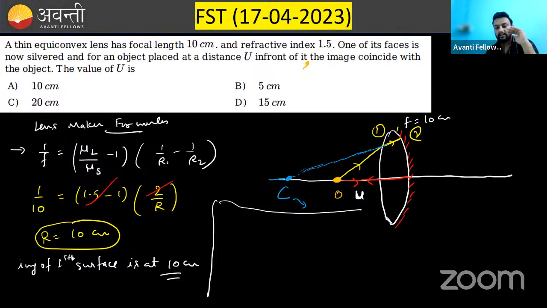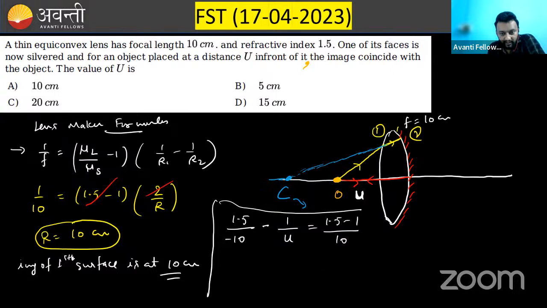I am not going to write the formula. I hope you remember. Refraction medium over image distance minus incidence medium over object distance equals refraction medium minus incidence medium divided by R. I'm writing it. Refraction medium is 1.5 divided by image distance, which is minus 10, for first surface. Minus incidence medium, air, 1 over object distance u, equals 1.5 minus 1 divided by R. R is 10 centimeter.